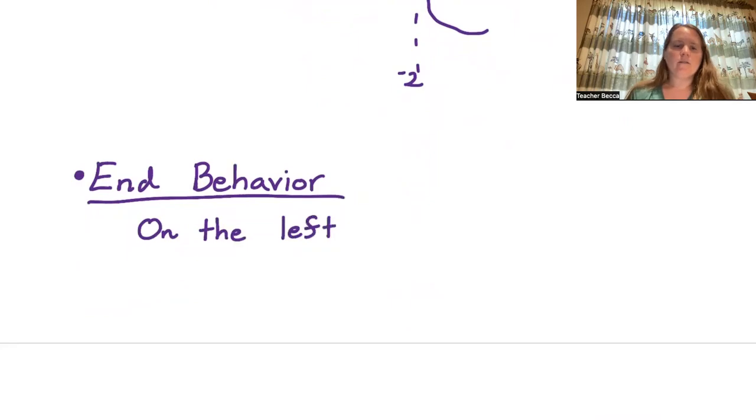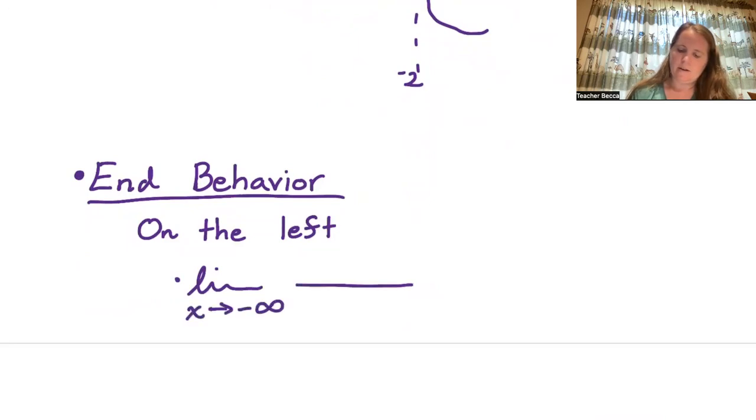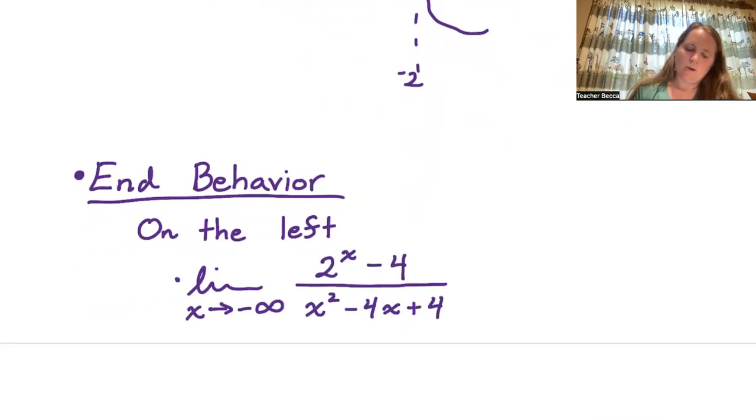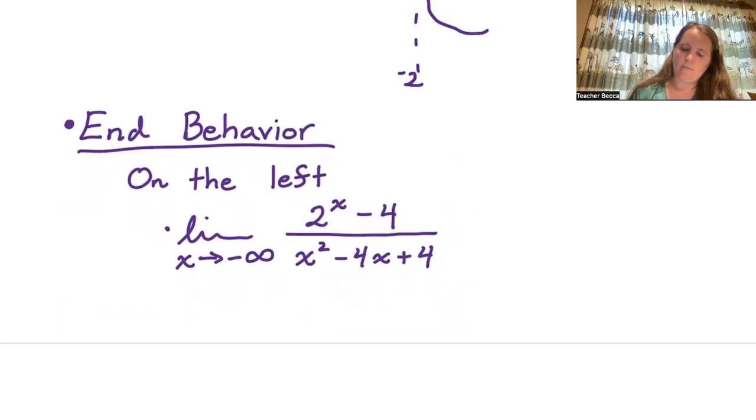So on the left, we are looking at the limit as x approaches negative infinity of (2^x - 4)/(x^2 - 4x + 4). I'm going to raise this so I can fit things all in one go.